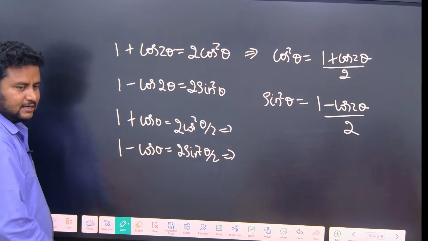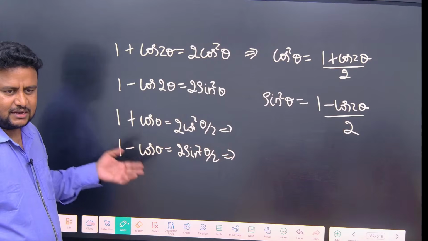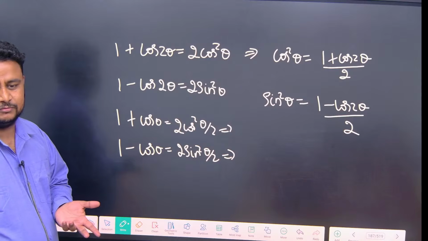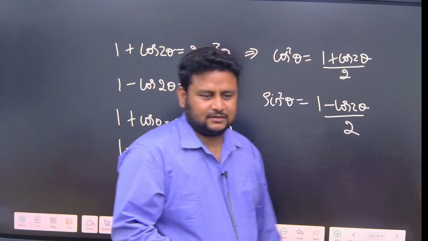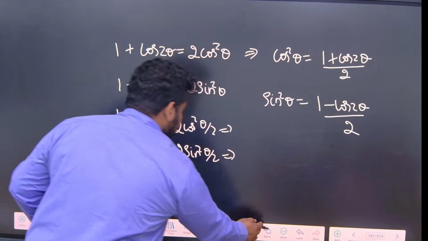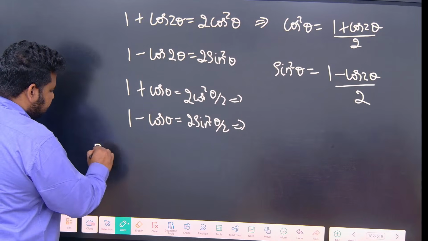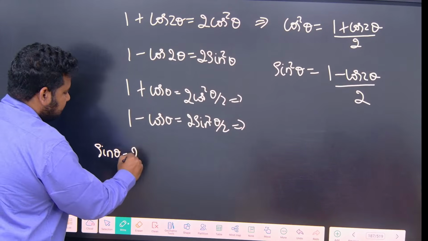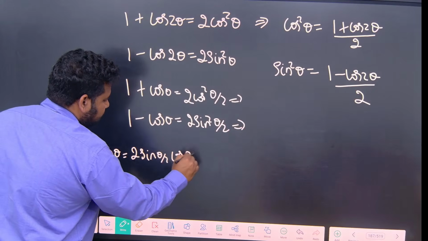Now, let us write the half angle formulas also. Because double angle, half angle, they are similar, one and the same. So, wherever theta is there, you have to replace it by theta by 2. So wherever 2 theta is there, replace it by theta, that's it. So, half angle formula in terms of sine: sin 2 theta is 2 sin theta cos theta, this will become 2 sin theta by 2 cos theta by 2.